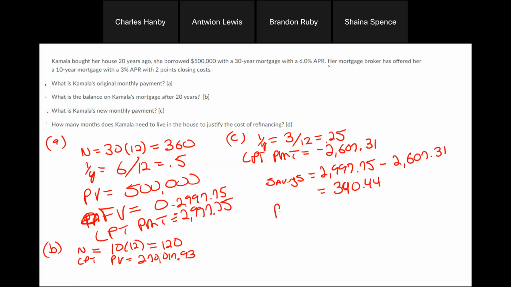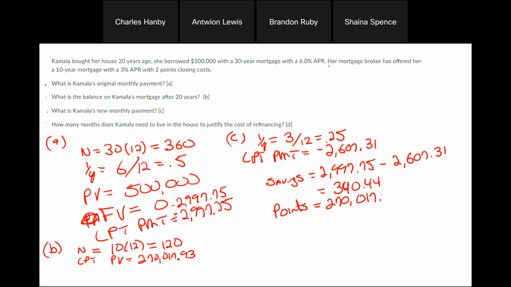Now the next part is to calculate points. The points is on the new loan amount, which is going to be the ending balance. We're assuming in this analysis that we're paying the points as opposed to financing them, which is what most people do.